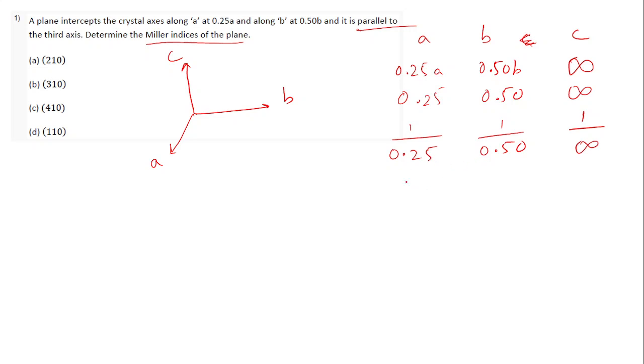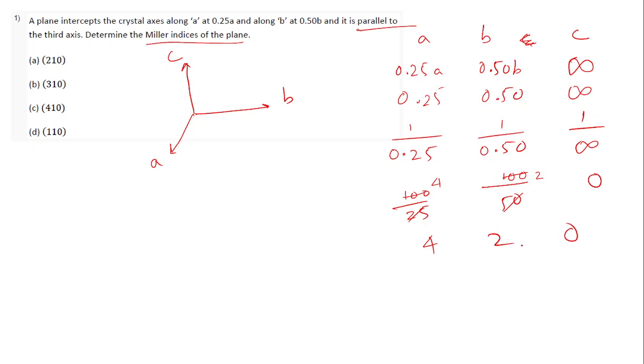When we solve this, it is like writing 100 over 25, so if I reduce this, it will be 4. This is like 100 over 50, so it will be 2, and 1 over infinity is 0. So the numbers I get are 4, 2, 0.